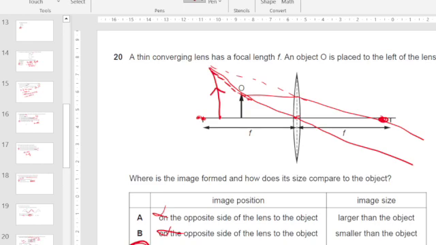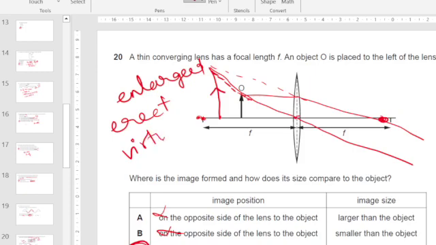That's not true. Actually, the image is enlarged, erect, and virtual. It's not a real image. So it's enlarged, erect and virtual. Hence option C is the correct option.